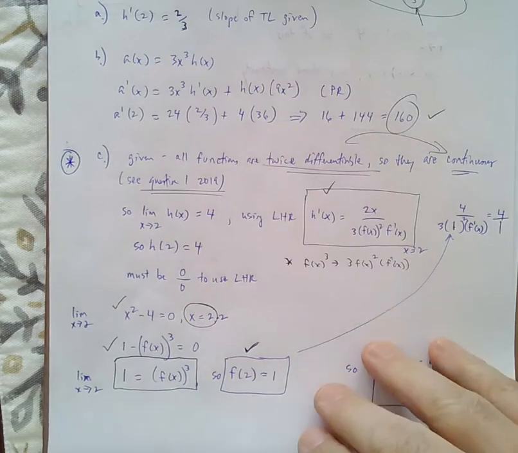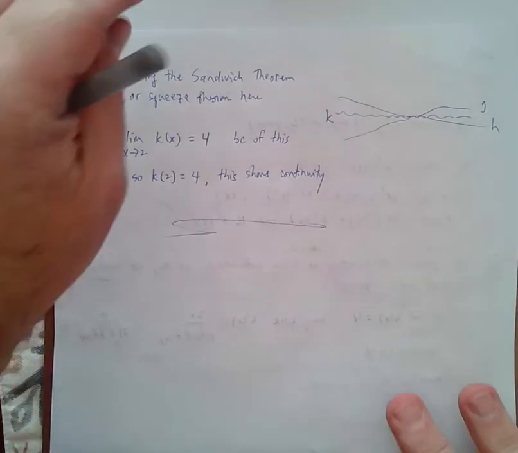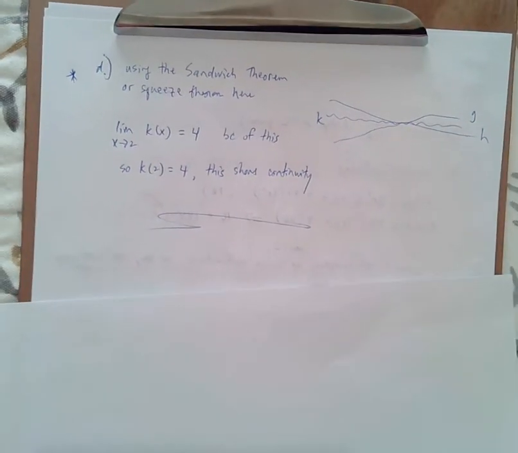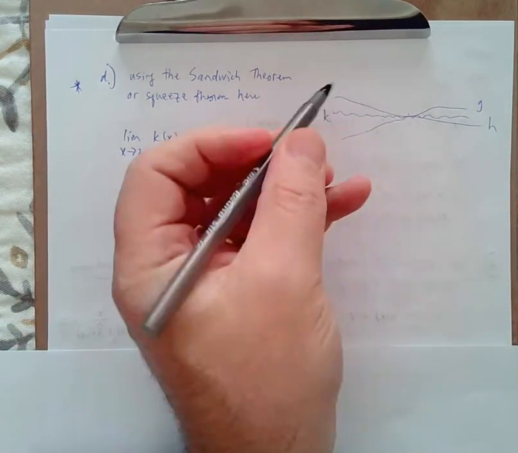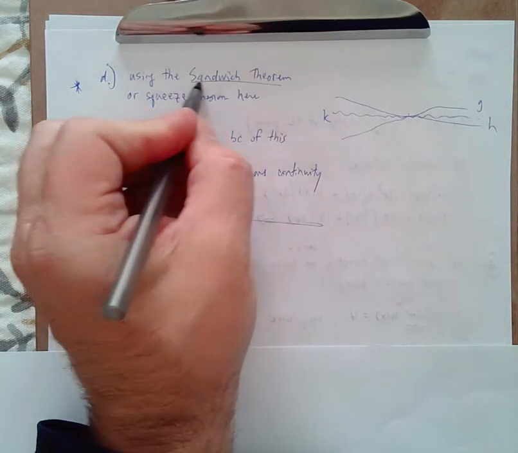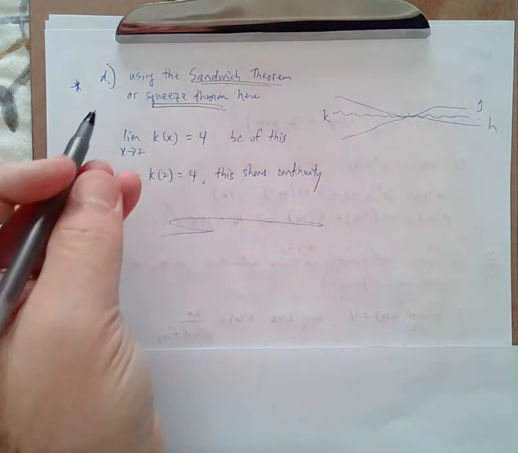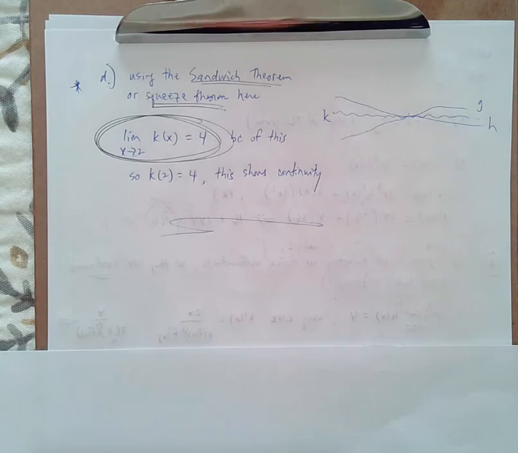And question D, if you identified that, and again, I think a lot of people probably got this right, you're using the sandwich theorem or the squeeze theorem. If you remember that from way back in September, you have two functions that go to the same limit. You can squeeze another one in there. So the AP graders are looking for sandwich theorem or squeeze theorem to say that the limit as x approaches 2 of k of x also is equal to 4.